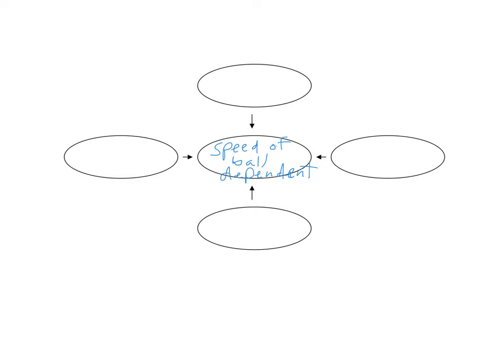And that's going to depend on a number of different factors. But say we wanted to measure the speed of a baseball thrown, and according to the height of the pitcher. Well, the height of the pitcher doesn't depend on how fast a ball goes, right? So this one would be our independent variable.